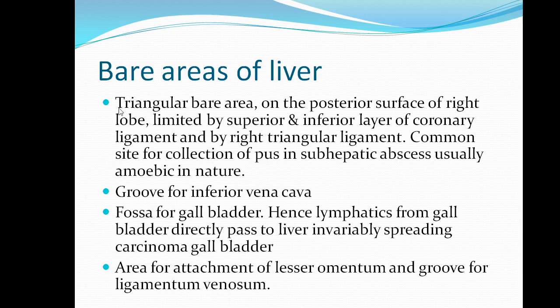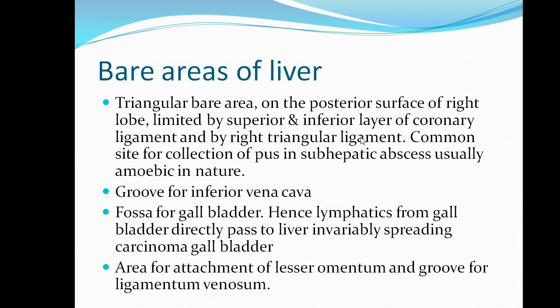So this triangular bare area is the largest bare area. It is present on the posterior surface of the right lobe and lies between the superior and inferior layers of the coronary ligament and the right triangular ligament.